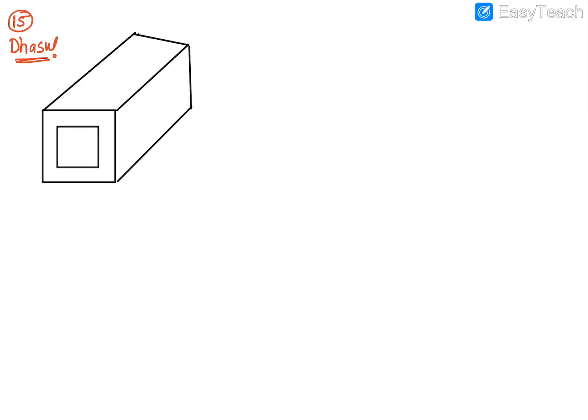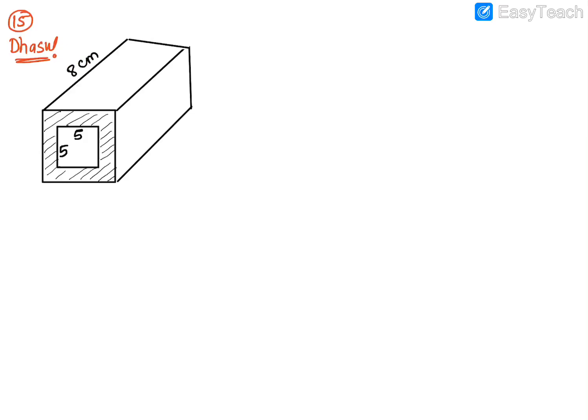Okay, now this is the cross-sectional area. Now it's given that the hollow square shaped tube open at both ends is made of iron. The internal square is 5 centimeter. So this is 5, this is also 5, and the length of the tube is 8 centimeter.